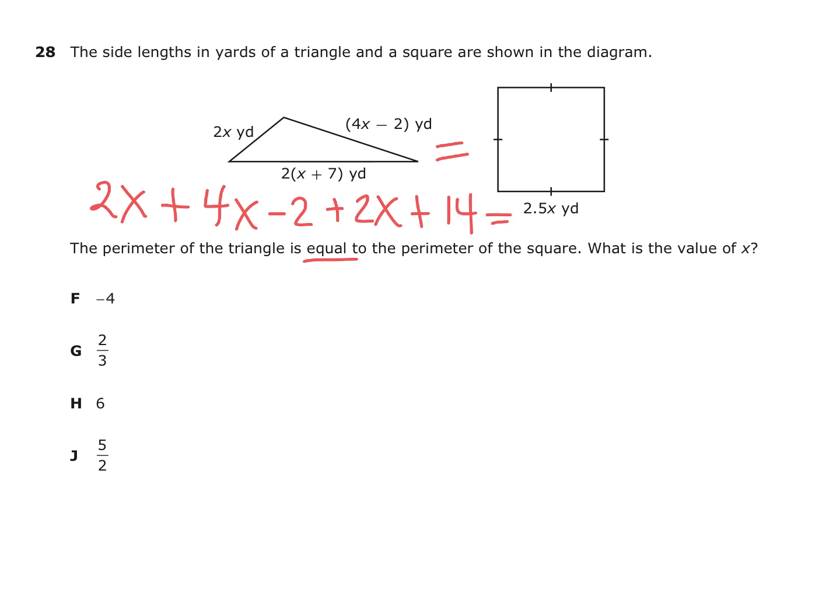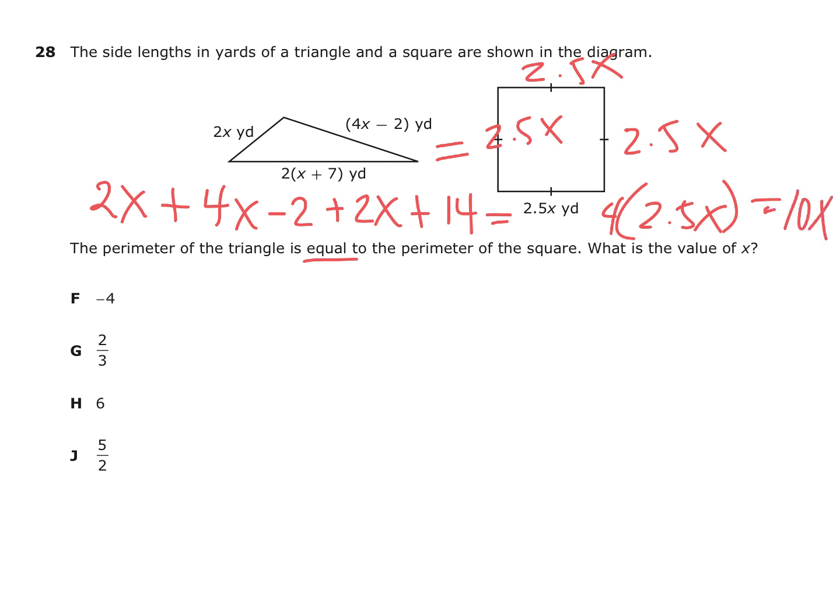And that's equal to 2.5x, and there's 4 of those. So I'm going to have 2.5x here, 2.5x here, and the same here. So what I really have is 4 times 2.5x, which is 10x.